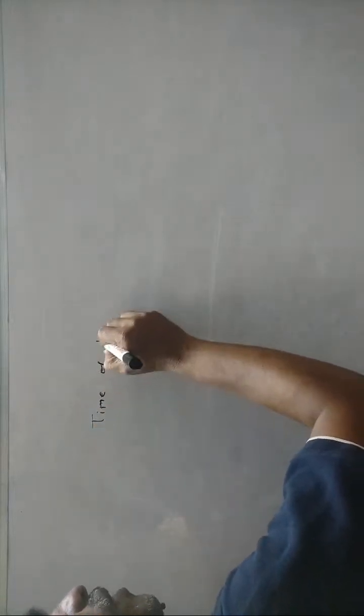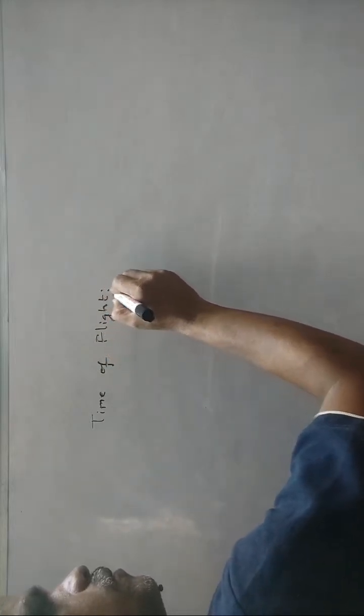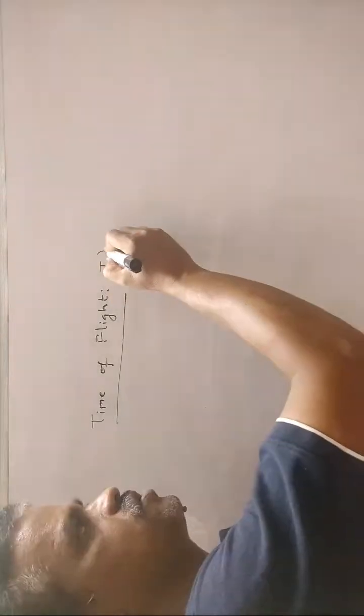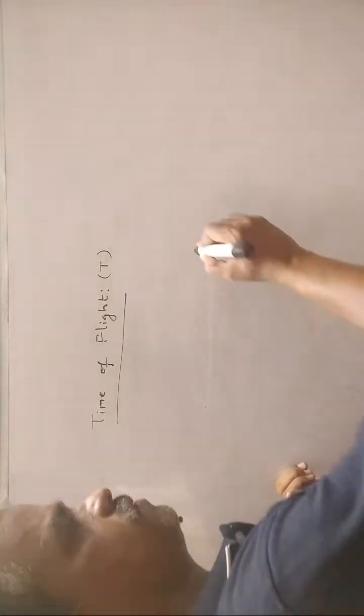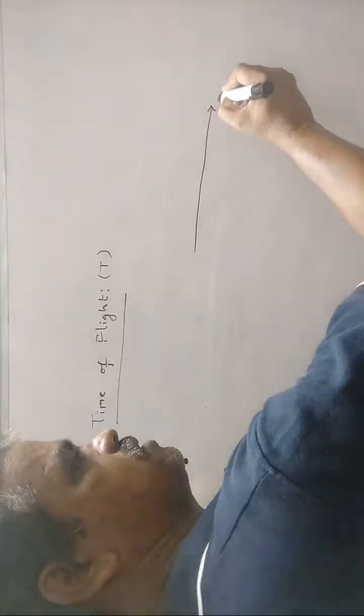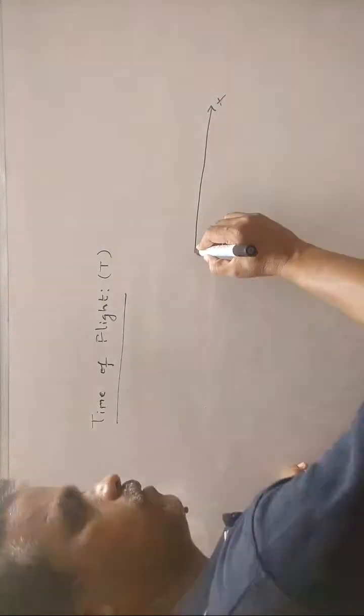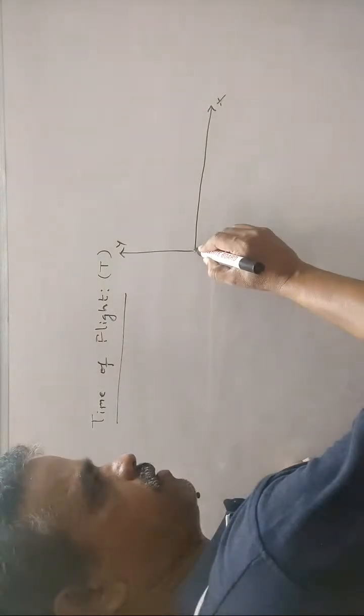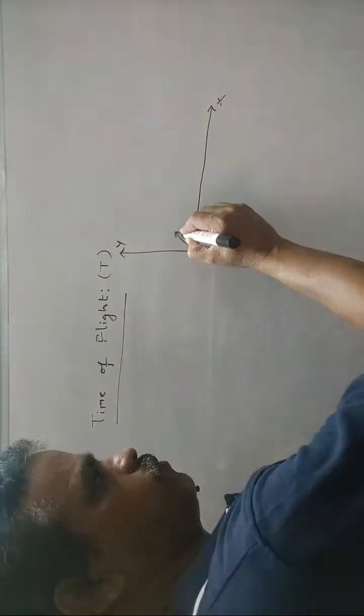One more term I want to introduce to you: time of flight, capital T. This is the x-axis and this is the y-axis. I projected a body with some velocity u.